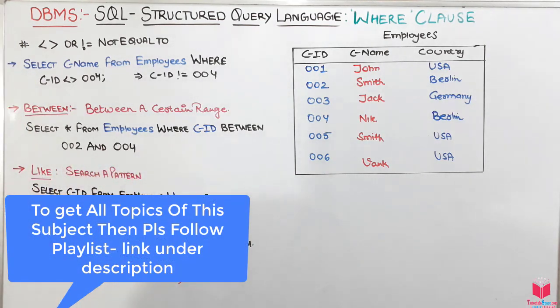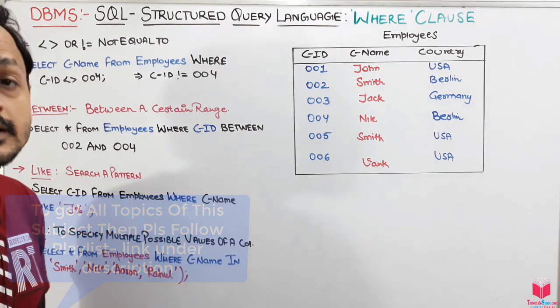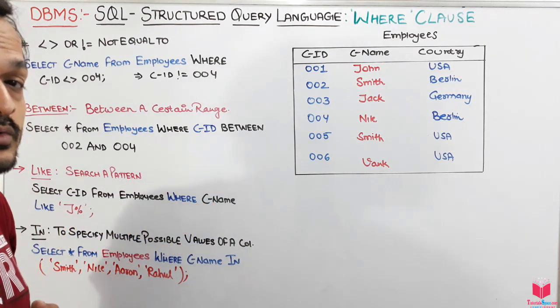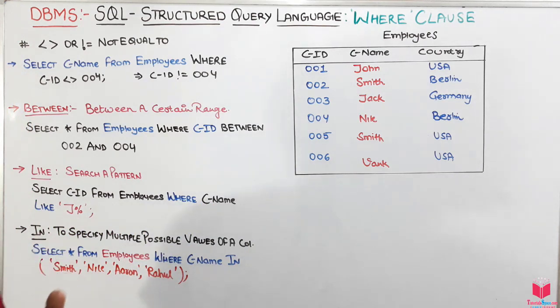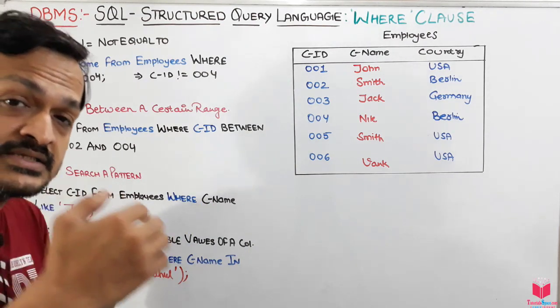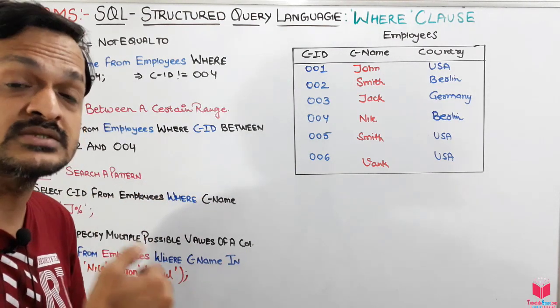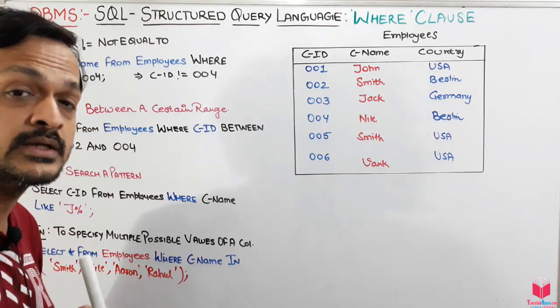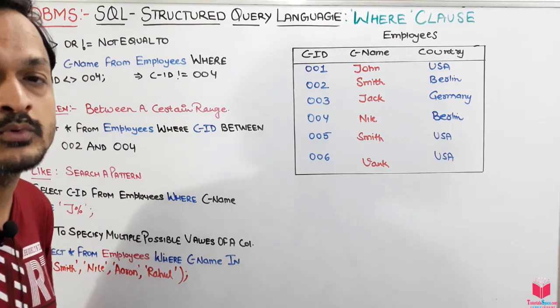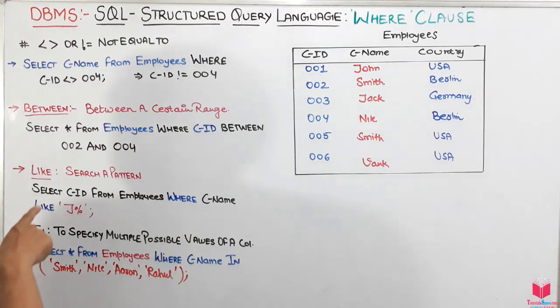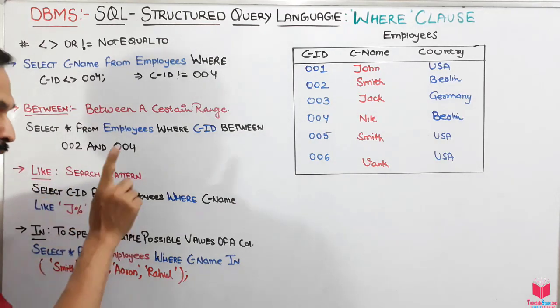Okay guys, let's move to the next one, which is like. It searches for a pattern. On some pattern basis we are going to put some condition and get the output, like this. So SELECT CID, so we are only selecting the CID column from employees.